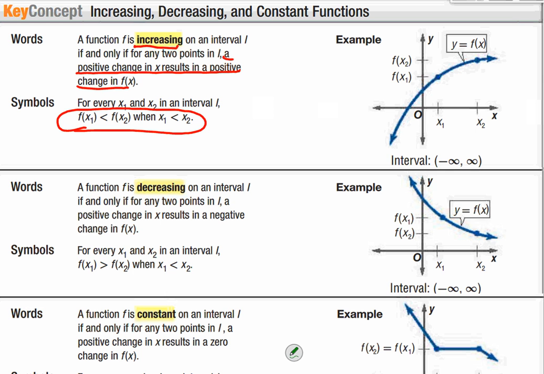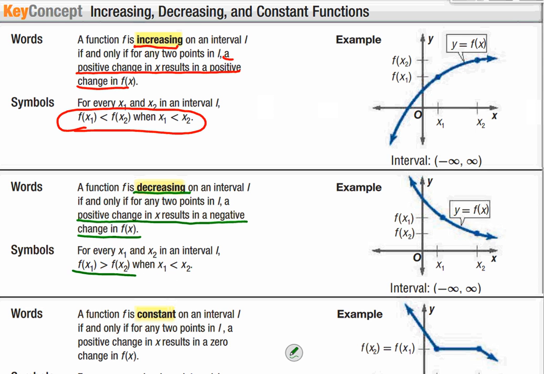You might sketch just a little picture of that as you go. So then decreasing happens when there's a positive change in x, but it results in a negative change in f of x.